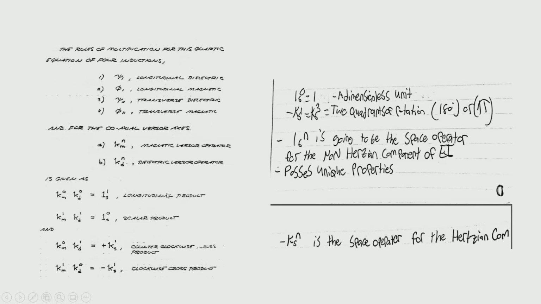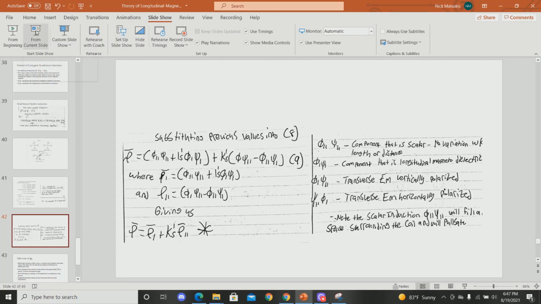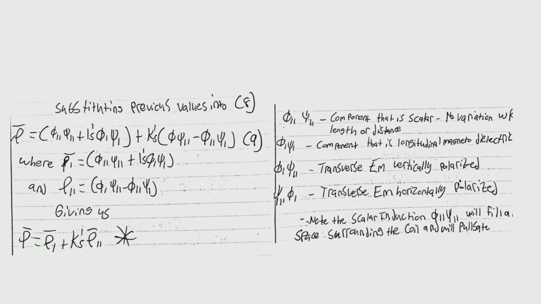Same thing with KDn, it's the dielectric versor, and if you see 1s1, it's going to be longitudinal, 1s0 is scalar, okay? And if you see a k anywhere, k or negative k, it's essentially going to be your Hertzian component. It's going to be your transverse component. So 1s to the 0 is going to equal 1, which is dimensionless. ks1 equals ks3.